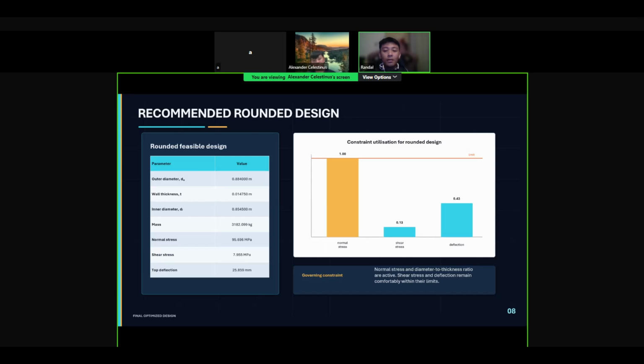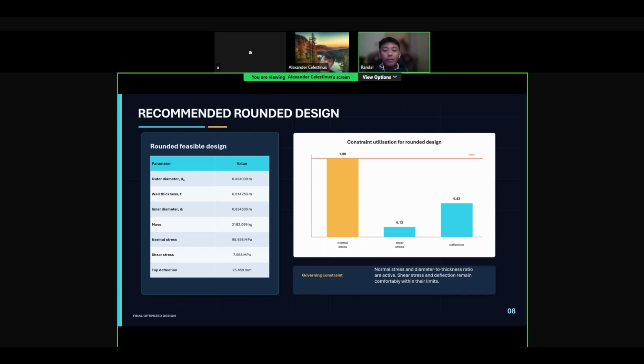For shear stress, the value is 7.955 megapascal, which is much lower than the allowable limit, 62.5 megapascal.